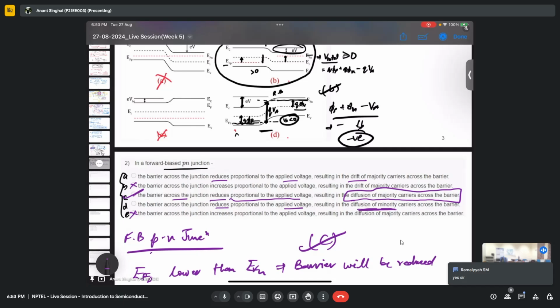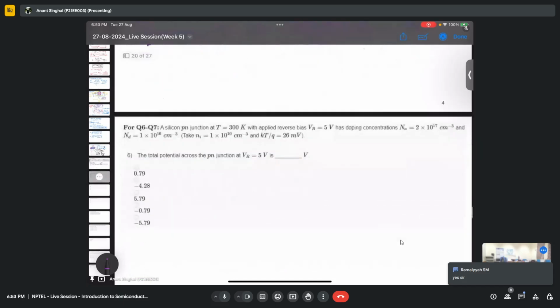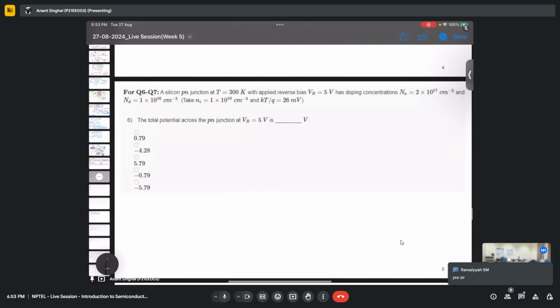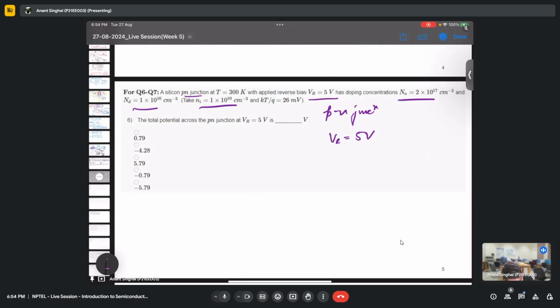Okay, fine. So let's move forward. We have a question for a PN junction. I've already told you all the formulas, I guess. We have a PN junction in which we have applied a reverse bias voltage of 5 volts. We have been given NA, ND, NI, kT by q, everything. So we need to calculate V total, the total potential across the PN junction.